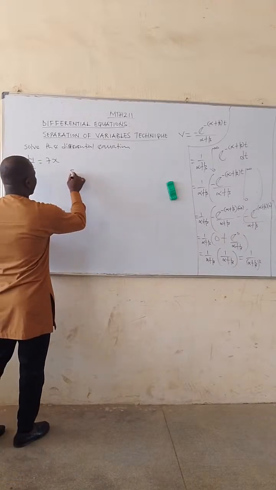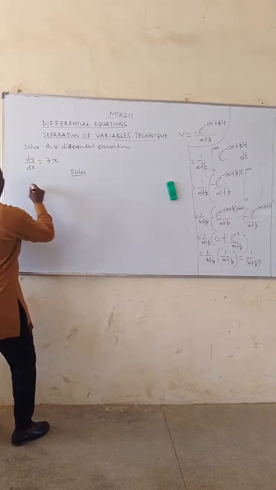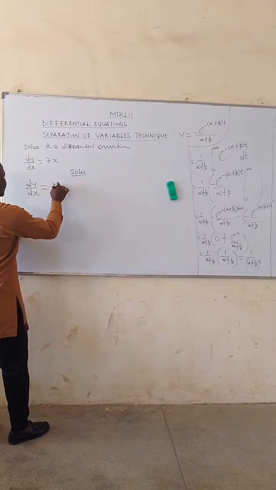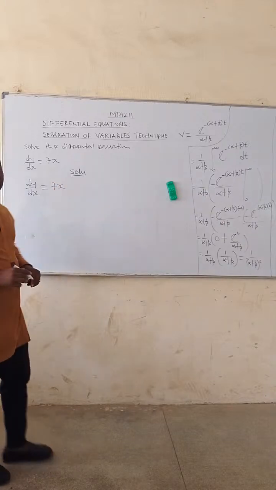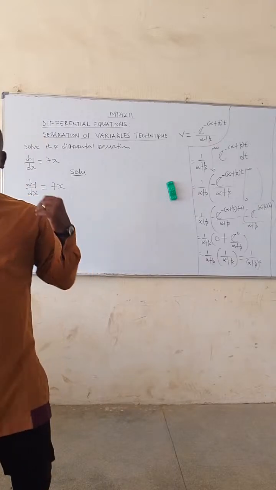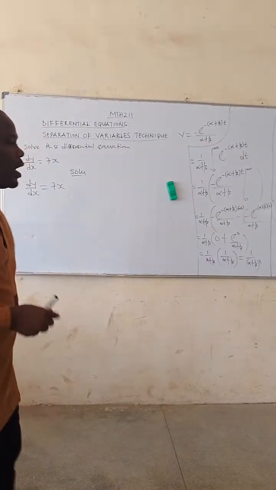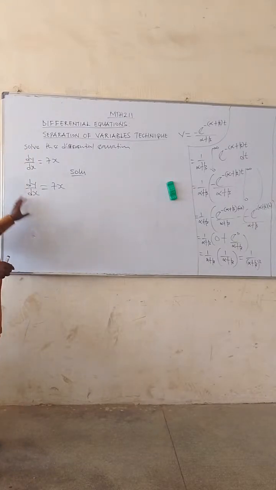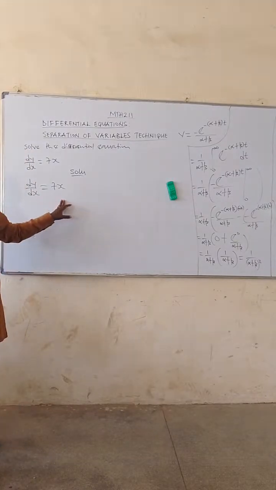So now, look at this differential equation. Let's write the solution. We have dy over dx equals 7x, true or false?